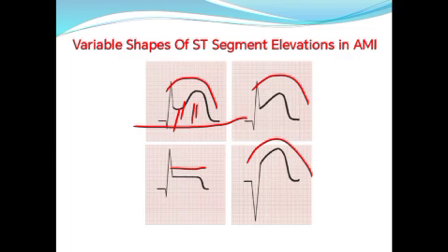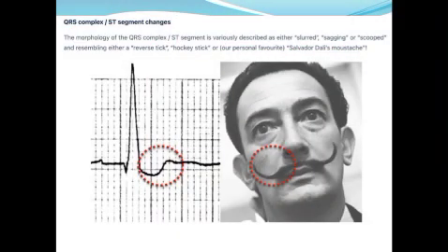These are different or various shapes of ST segment elevation. For example, here you see the elevation is more than 1 millimeter, so it is significant. Here we see the elevation is, I think, 3 or 4 big squares.